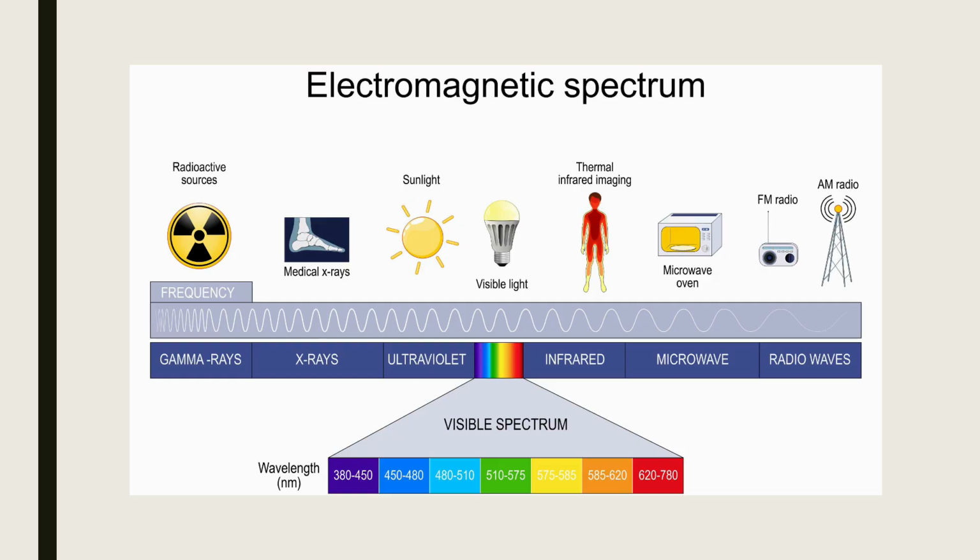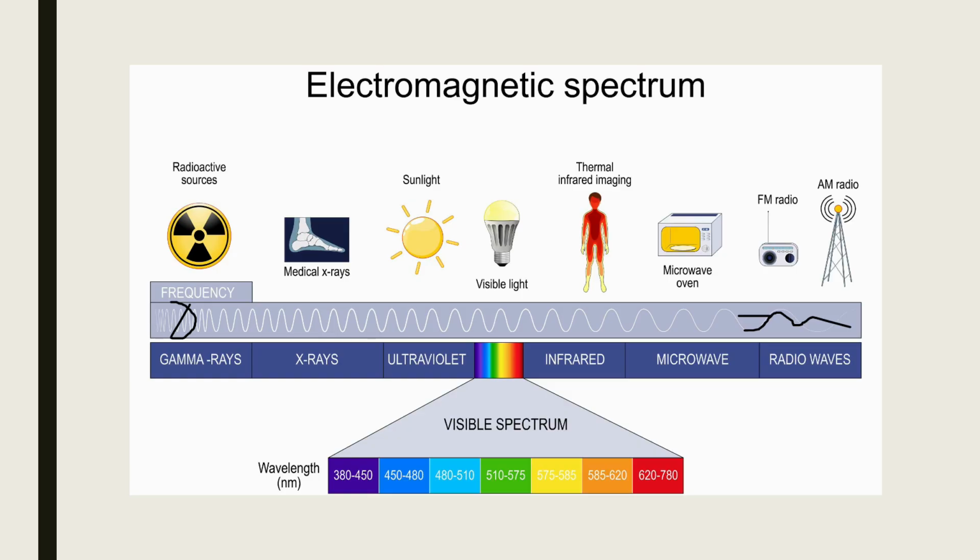So everything from radio waves, which we can see in terms of frequency, they are much more spread out, and the length between wavelength crests is much more spread out than, let's say, a very high frequency wave like an X-ray or gamma ray. It just depends on the intensity of the wave.